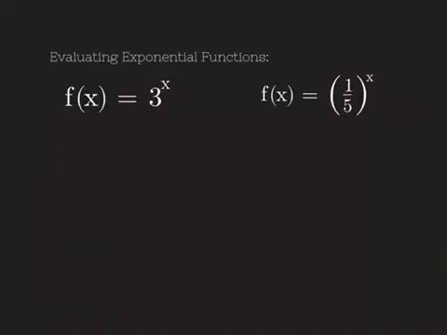So first thing we're going to do is just look at how to evaluate exponential functions. So remember, evaluate means find the value of. And we're going to look at this for a couple of different values of x. So you'll notice this is an exponential function because our exponent is the variable.